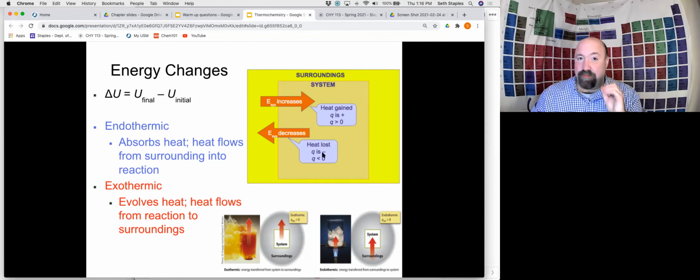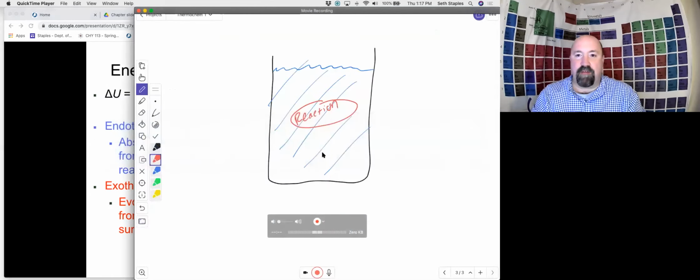Now, where we have to be careful is that sometimes, depending on the reaction that we're doing, we're actually going to notice these energy changes in the surroundings more so than in the system. By that, I mean, take a look at our example of a reaction.